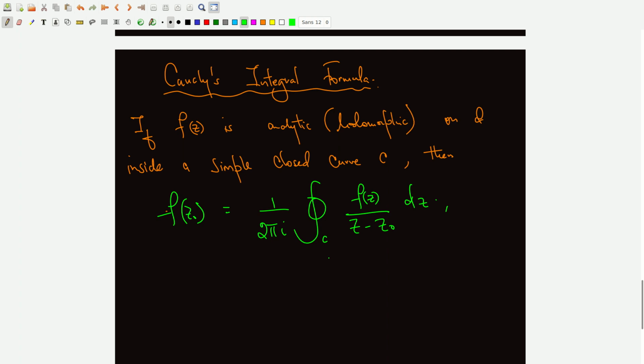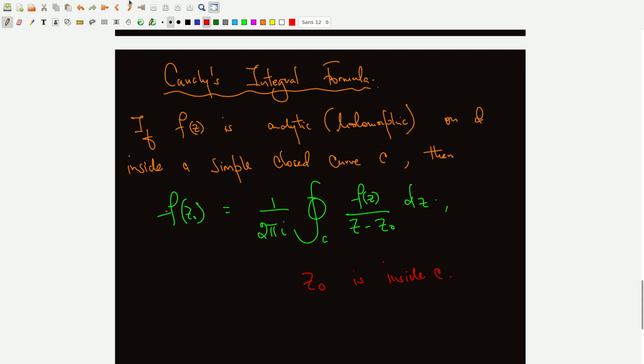And one important thing to note, I'll put it even here in red, is that z naught is inside C. Z0 has to be inside C.